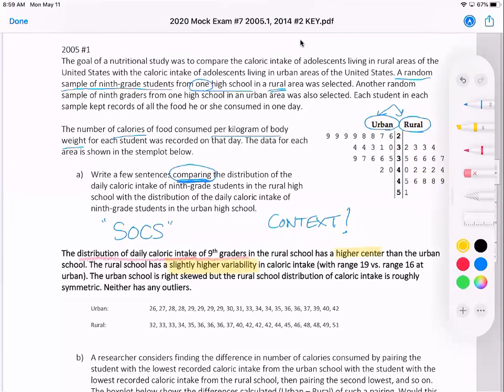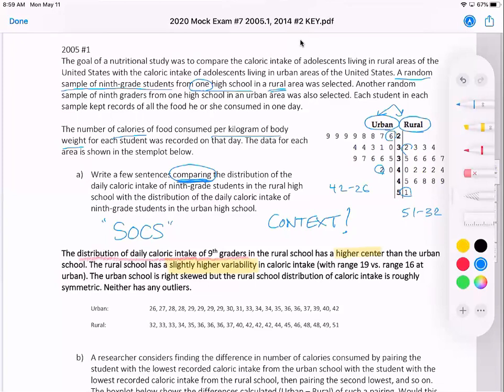The range is 19 for rural, it's 51 minus 32. Compared to the range for the urban, which is 42 minus 26, which is 16. So just glancing at it, I might even say they're roughly the same. But if you actually calculate, the range for the rural is bigger.